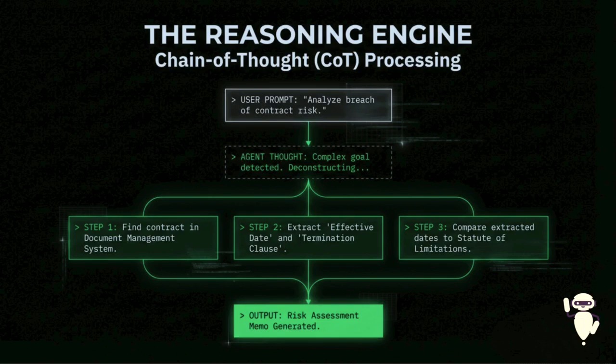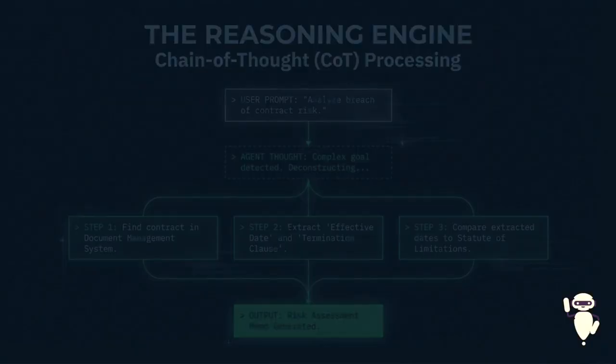From there, it will drive into the document management system to locate the contract, and then read through the document to pull out the information on the effective date and terminating clause. Then it will take that information and compare it with the statutes of limitation, and finally generate the risk assessment memo for us. This is an example of the thinking process of an AI agent.